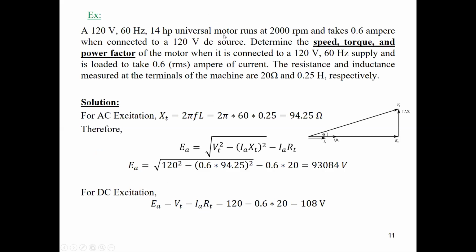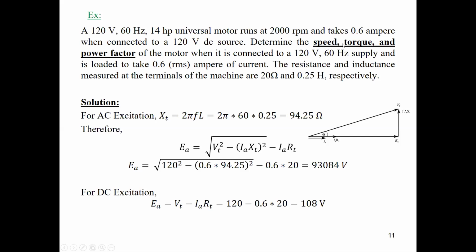However, it is stated that the universal motor runs at 2000 and takes 0.6 amps when connected to 120 volts. So this condition is for the DC excitation. So if the supply is 120 DC, the machine will run at 2000 RPM and draw 0.6 ampere.